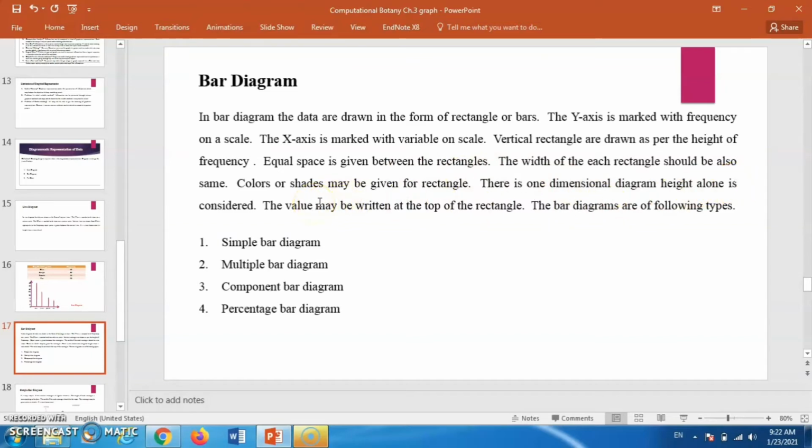Colors or shades may be given to the rectangles for better understanding. It is a one-dimensional diagram. Height alone is considered. The value may be written at the top of the rectangle. The bar diagrams are of the following types: simple bar diagram, multiple bar diagram, component bar diagram, percentage bar diagram.